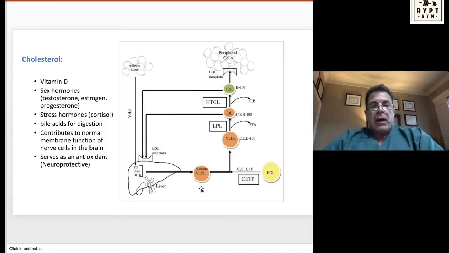As we know, fat and water don't mix, so it has to be transported through our bodies through blood, which is mostly aqueous. So how do you get fat to move around to targets? You build lipoproteins. Our lipoproteins are VLDL, IDL, and LDL.